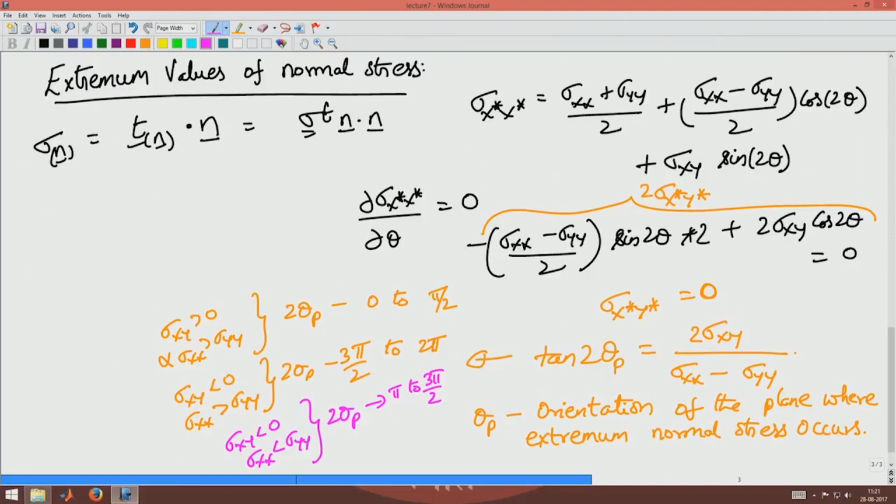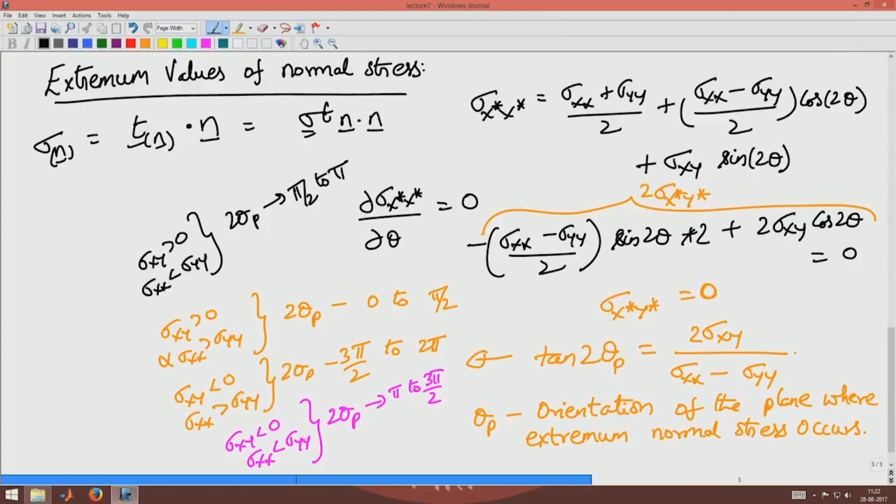Okay. That is, depending upon what is positive, your domain in which you have to find theta p will change. Now finally, if sigma xy is greater than 0, but sigma xx is less than sigma yy, this would imply 2 theta p is in the range pi by 2 to pi. Okay. So, depending upon what range your theta p is, it will be on different orientation of the planes.